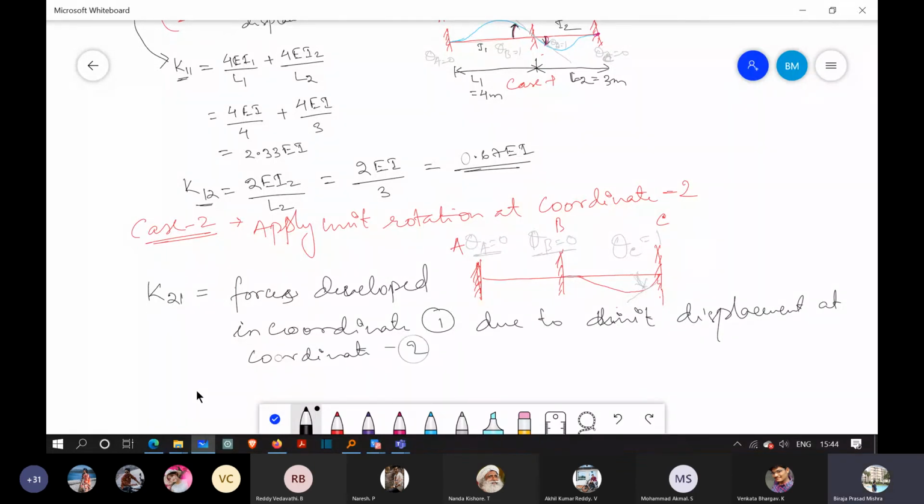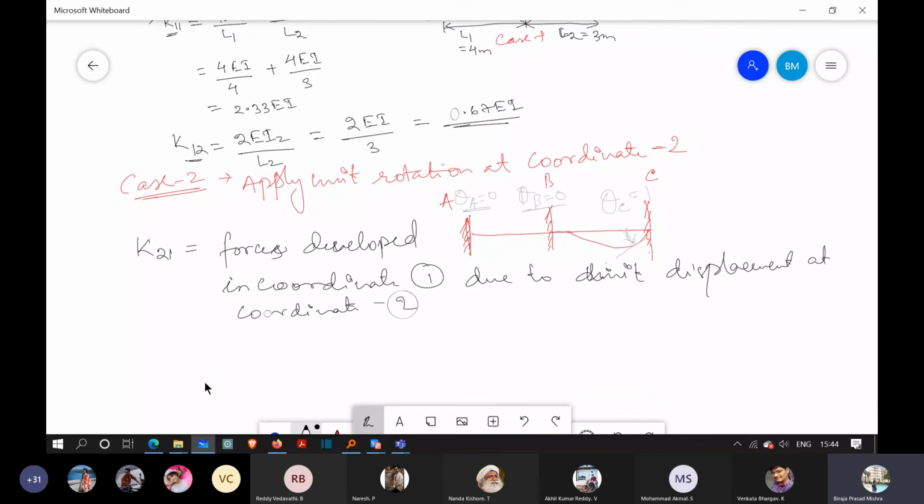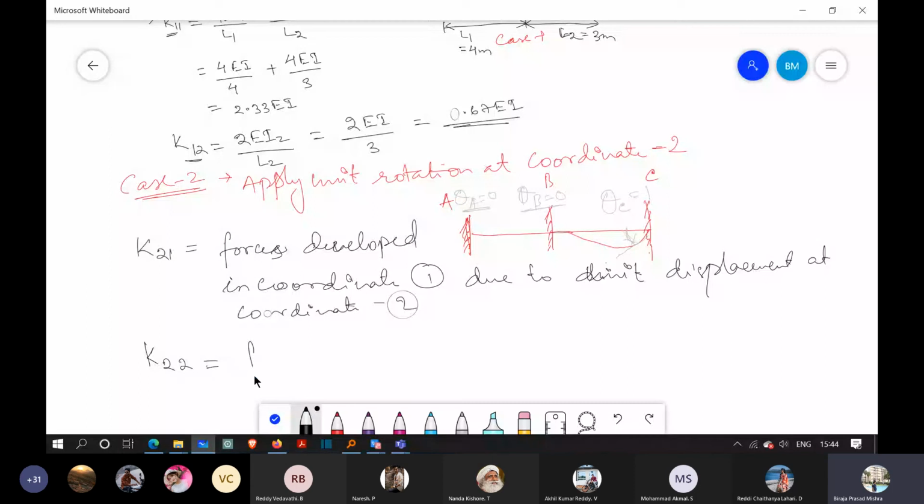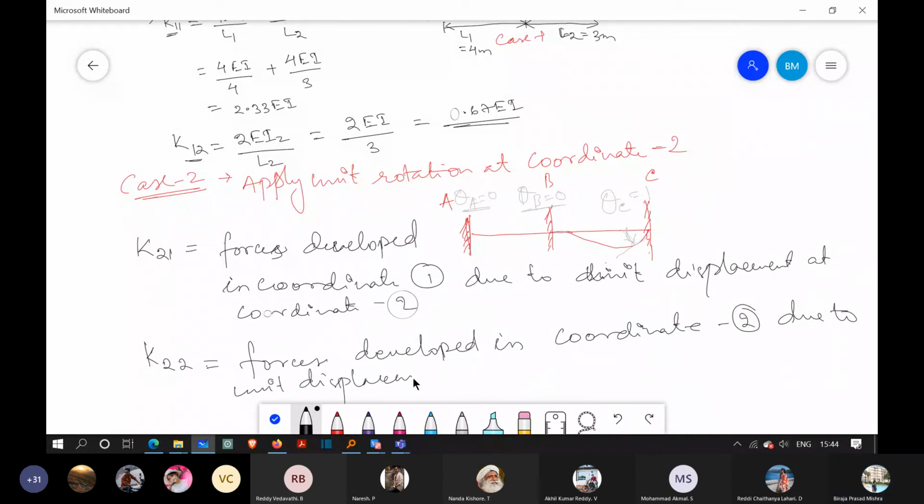Similarly, next we have K22, that is forces developed in coordinate 2 due to unit displacements at coordinate 2.